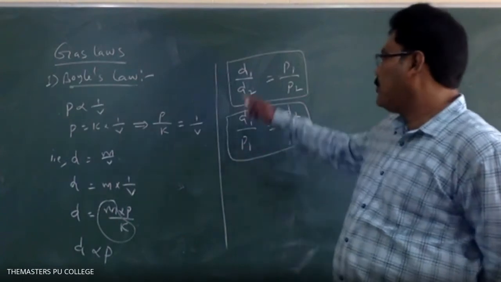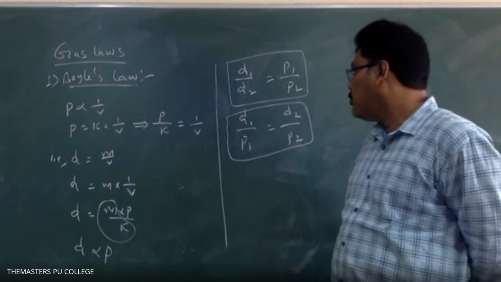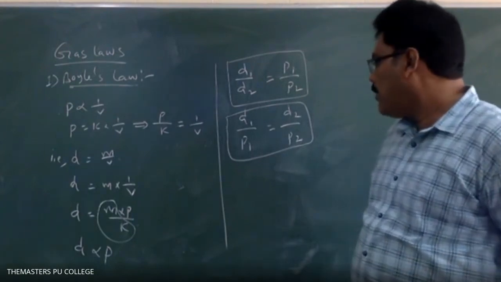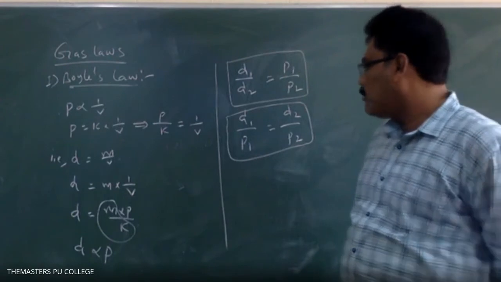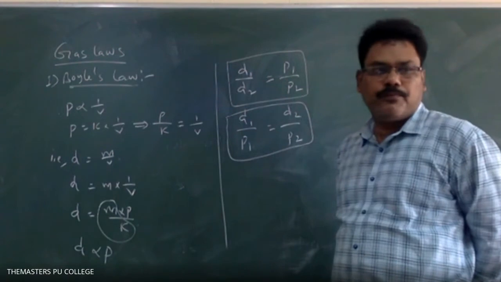Then write these formulas. Therefore, D1 by D2 equal to P1 by P2, D1 by P1. So from that, one more formula, D1 by P1 equal to D2 by P2.